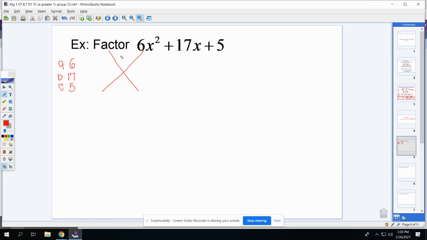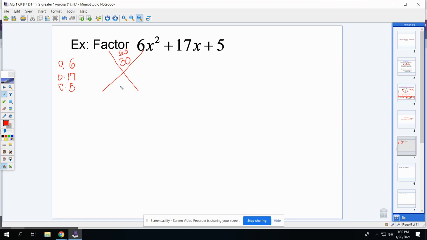Then we're going to use the x method here. So remember, our x method is a times c on top with our b on the bottom. So when we do that x method here, a times c looks like that's going to be 6 times 5. So our top part here is going to be 30.